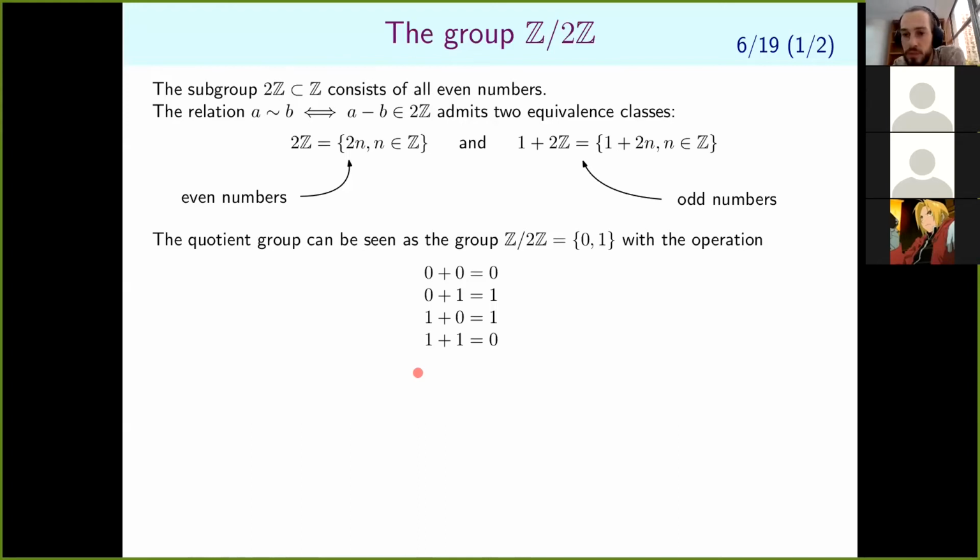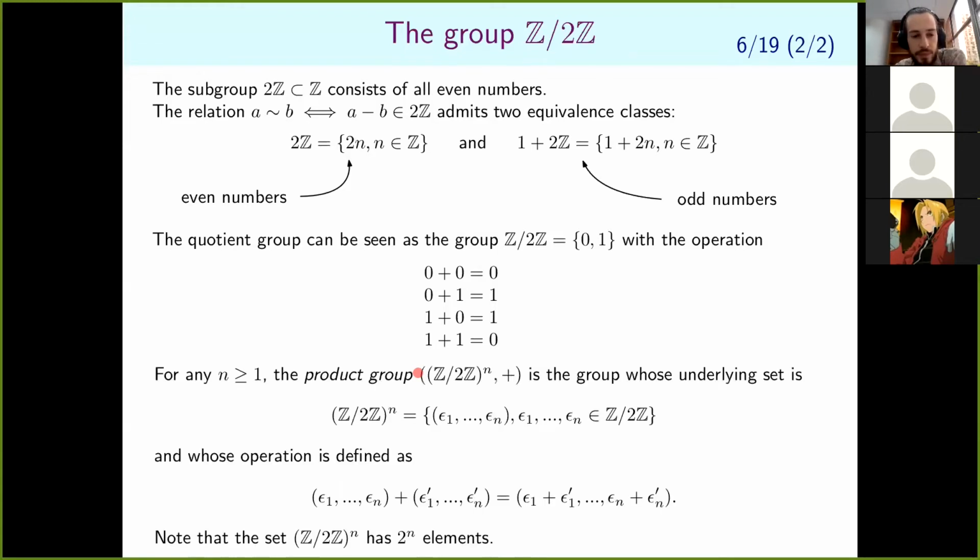We will also need today the product of Z over 2Z. For any positive integer n, I define the product of Z over 2Z by itself n times as the group with set being the Cartesian product, Z over 2Z to the n. So this is a set of n-tuples of Z over 2Z. An element of this product is a tuple of n elements of Z over 2Z.